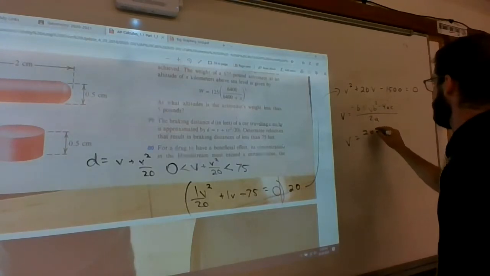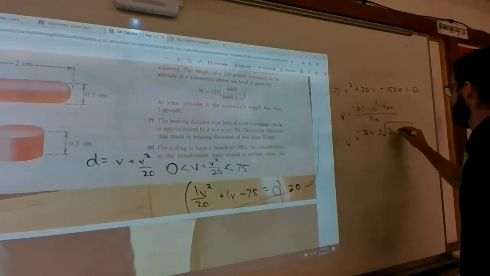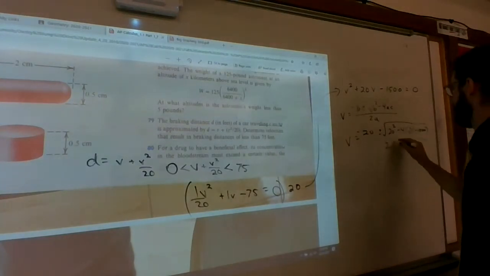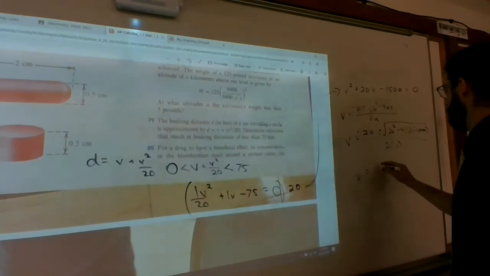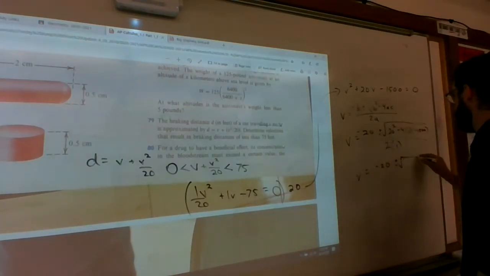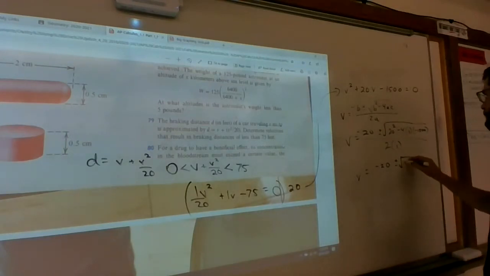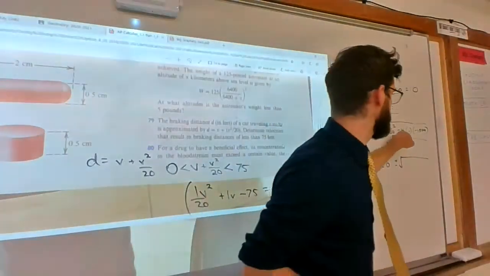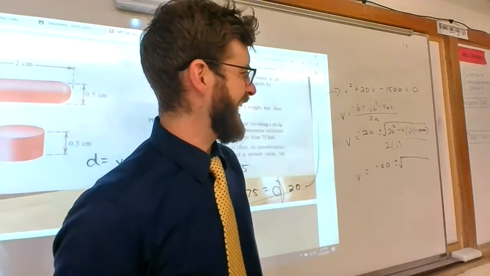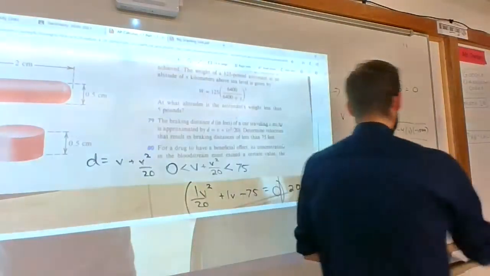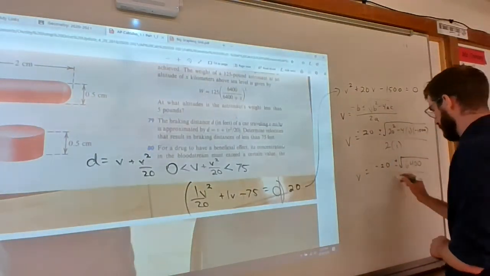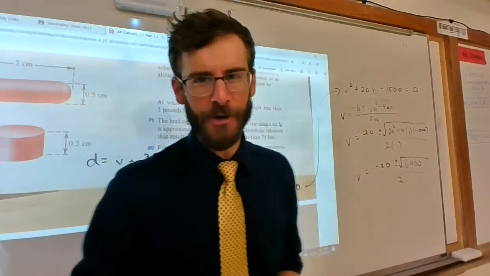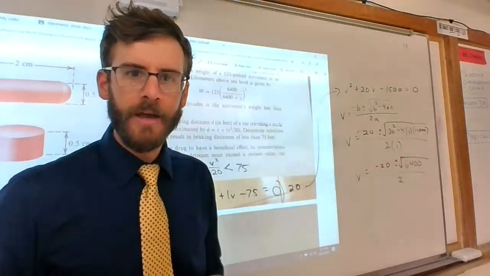So 20 squared, so we got 400 plus 6,400 under the root. Oh, is that 80? Square root of 6,400, 80 times 80. I'll be darned. I think it was factorable.